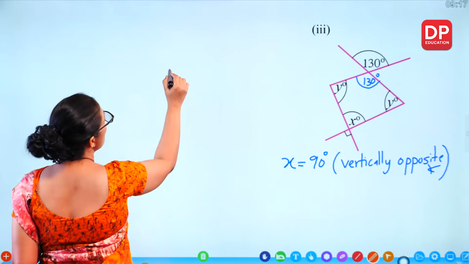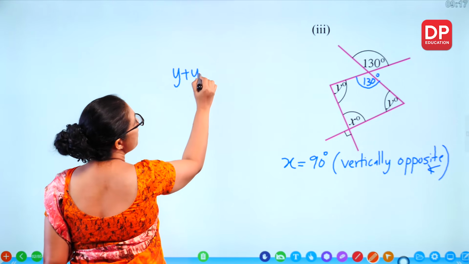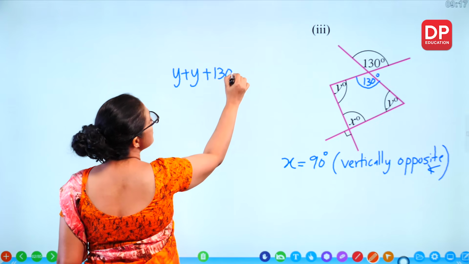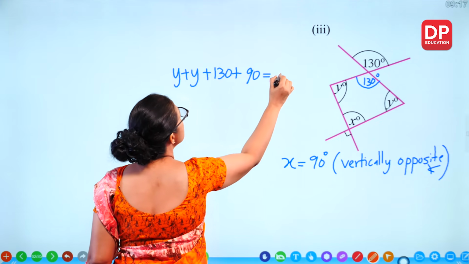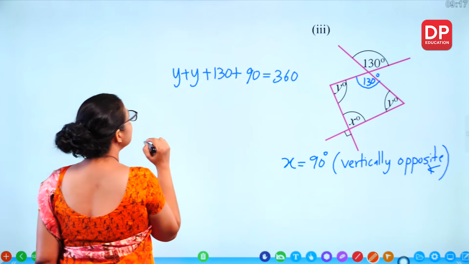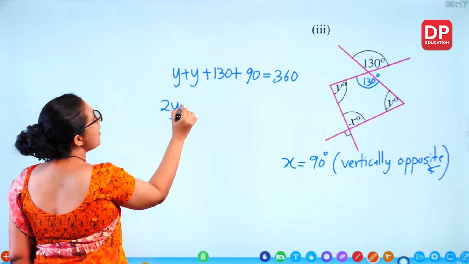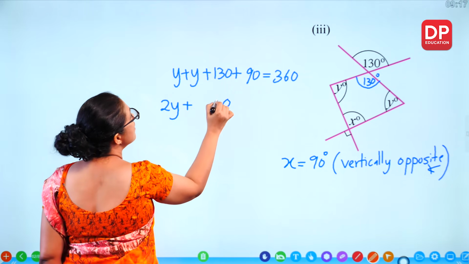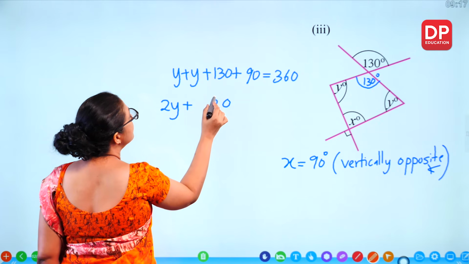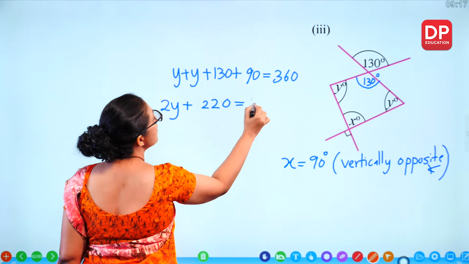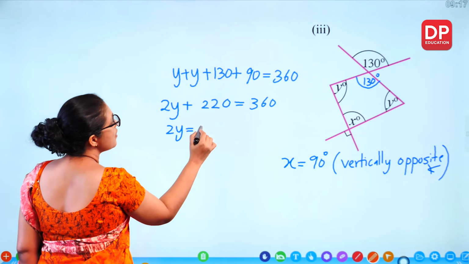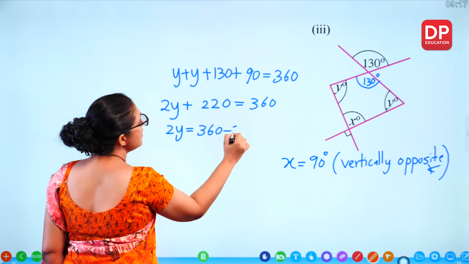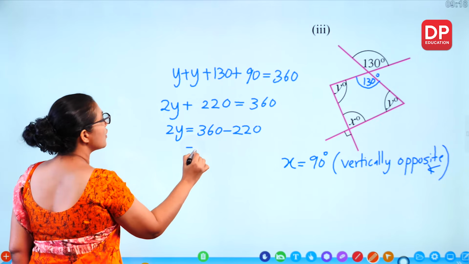So we can write y plus 130 plus the x value 90 is 360. 2y plus 220 equals 360. Subtract 220 from 360. What do you get?